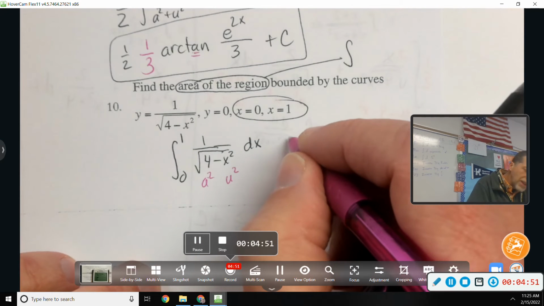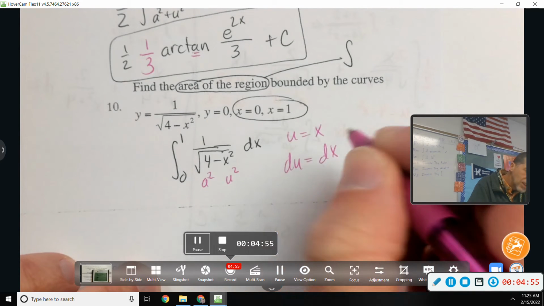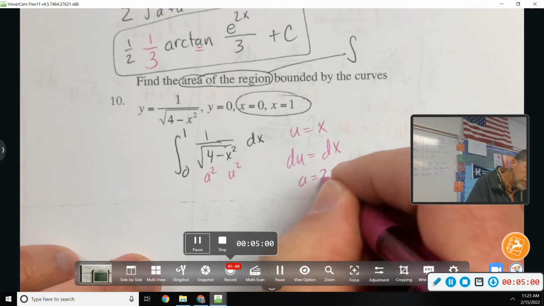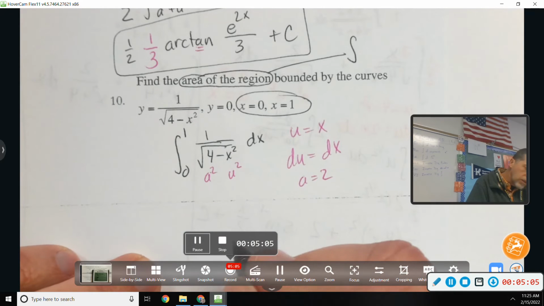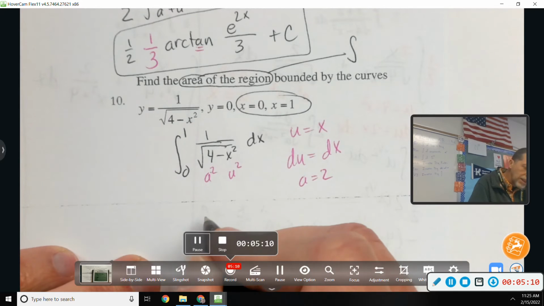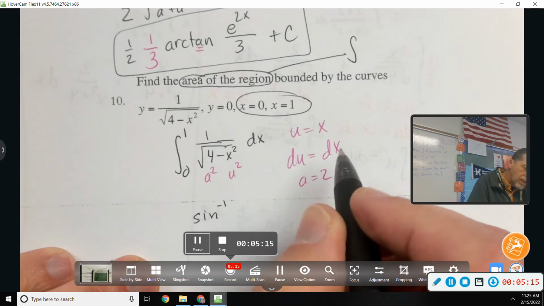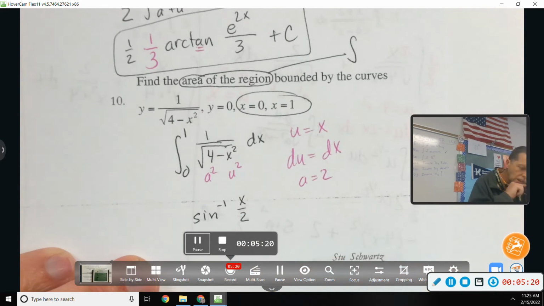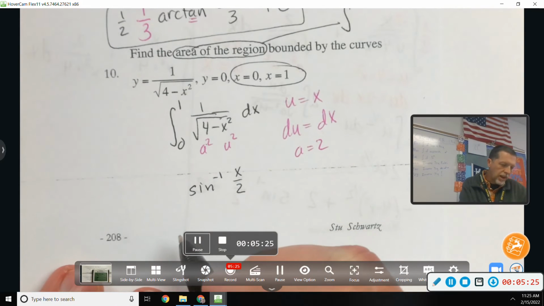This one, you might not even need to do all this u stuff because it works so nicely. So, in fact, it all fits. I'm not going to rewrite it with u's and a's because it doesn't gain me a whole lot. So, inverse sine of u over a, so x over 2. Sine does not have the 1 over a out front.